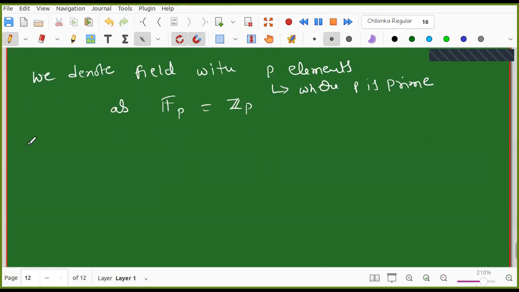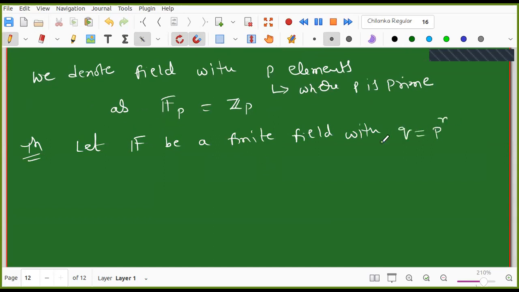Okay. Now a small result. Let F be a finite field with Q equal to P power n elements.